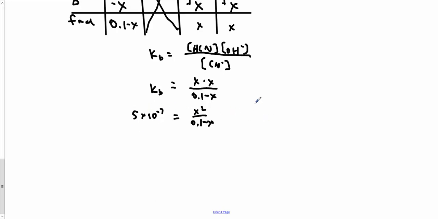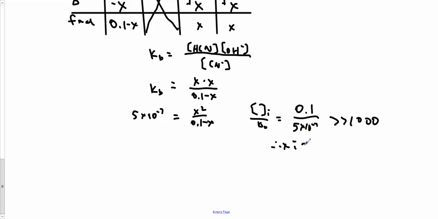So initial concentration over Kb is going to be 0.1 over 5 times 10 to the minus 7, and that for sure is bigger than 1,000. So x is small, and that means that 0.1 minus x is pretty much 0.1.